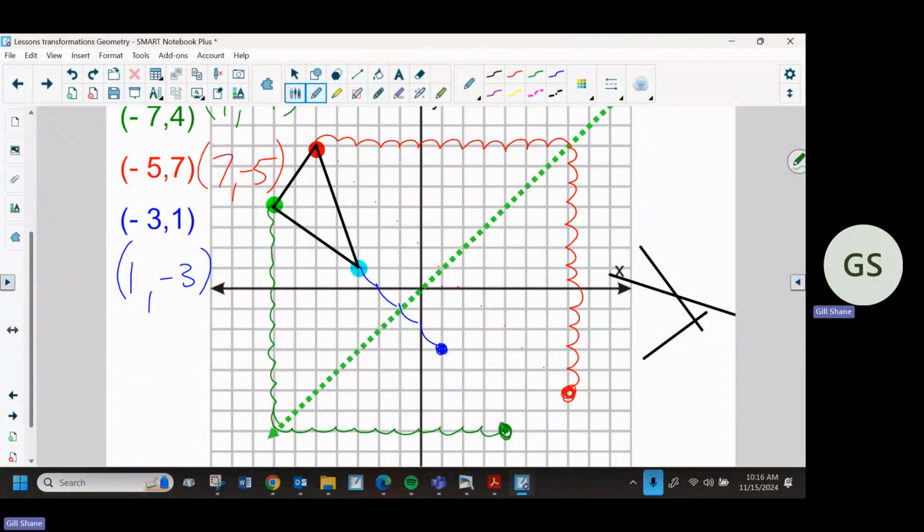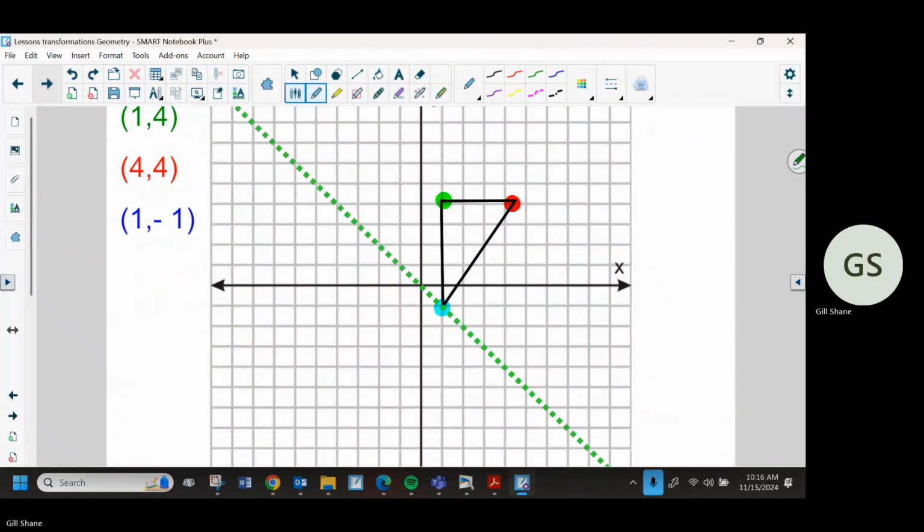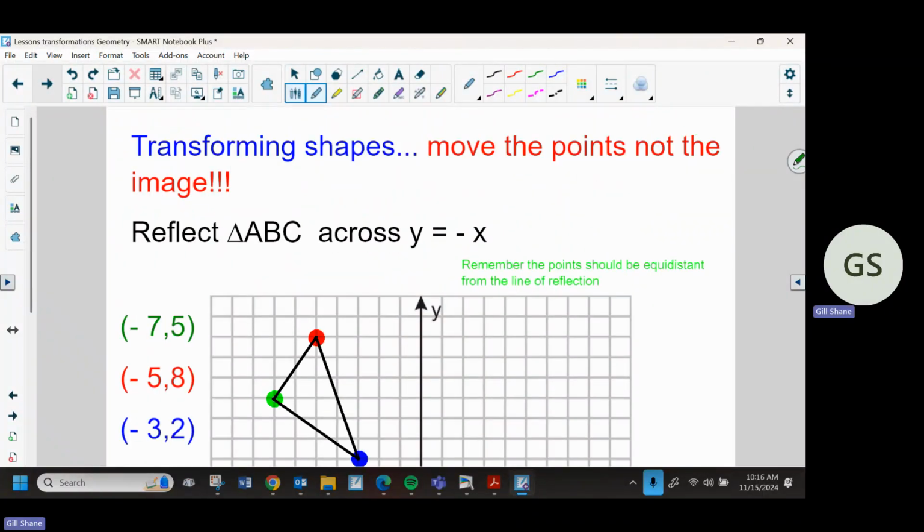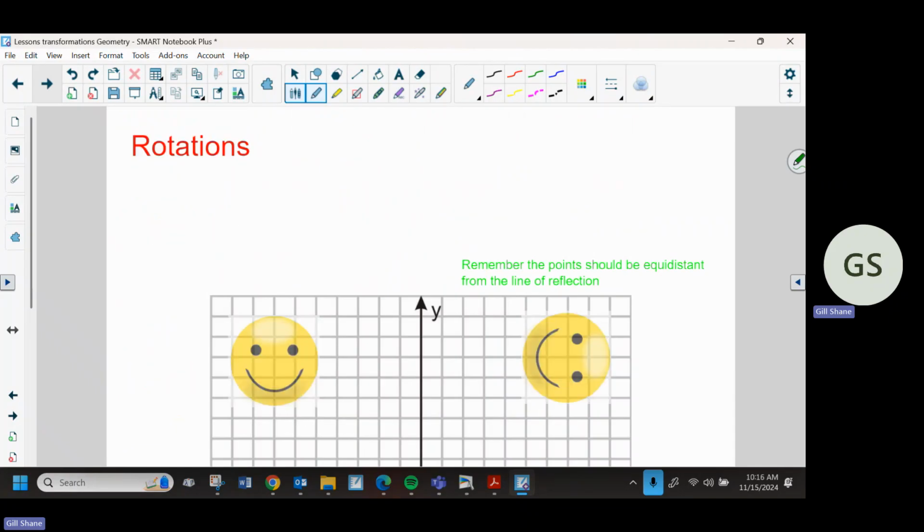All right, so in rotations. So here's the overall concept, just quickly. In a rotation, we are not just spinning the image, like we're not just rotating the image where it is.